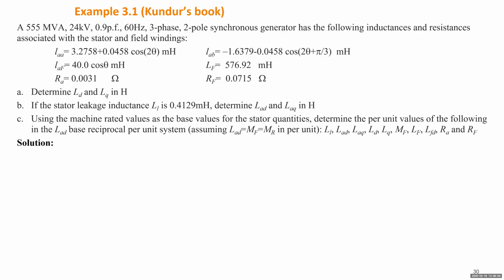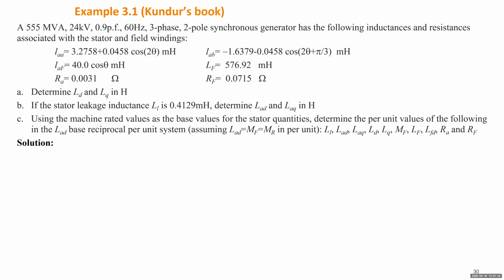So let's consider a 555 MVA. This is like the power base. And 24 kV. 24 kV typically means line-to-line voltage, in RMS value, the root mean square value.